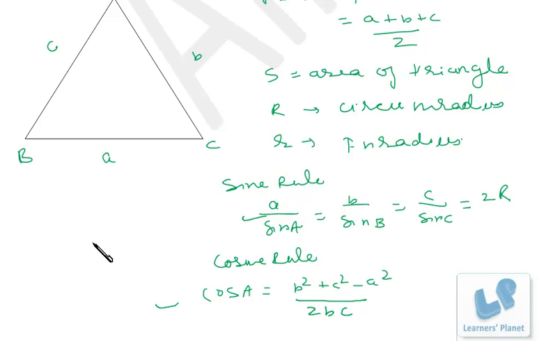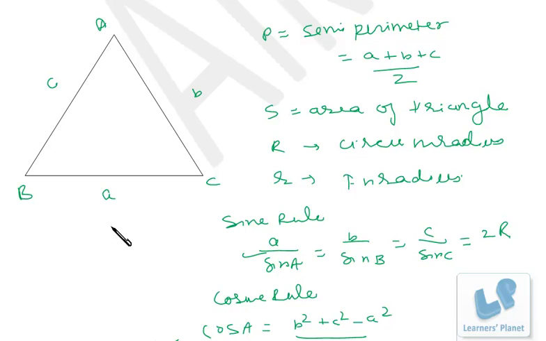in a quick manner. Okay. Now friends, using the sine rule or sine formula, we can even calculate the area of the triangle, right? Area of any triangle can be given by half A into B sine C, or half B into C sine A, or half A into C sine B, right?